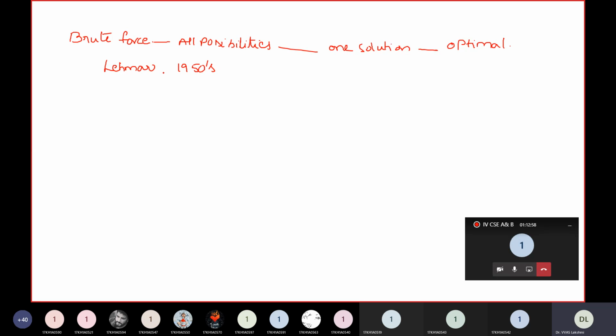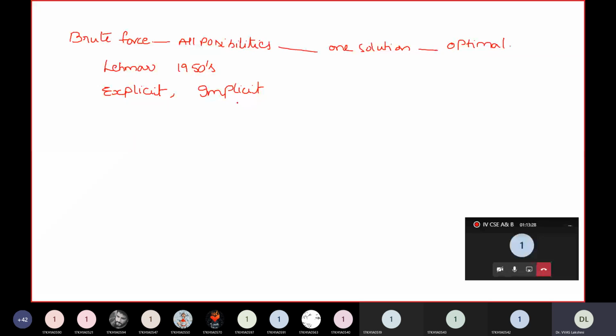Here each and every problem will have some constraints, known as implicit and explicit constraints. Explicit constraints depend upon a particular instance of a problem. What is meant by an instance?